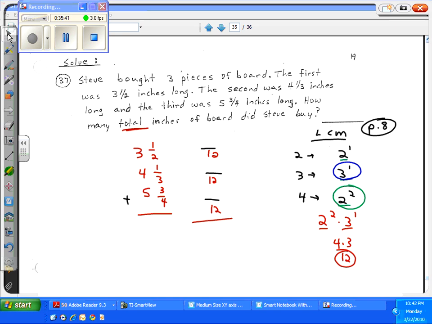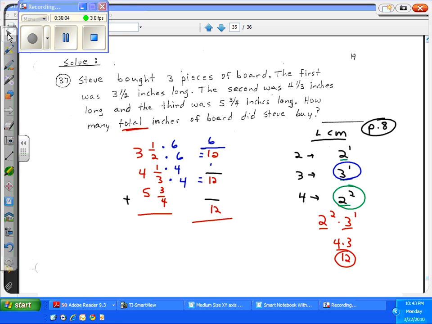And now it's time to make equivalent fractions. So we say 1 times what is 12? 2. So 1 times 2 is 2. Wrong. That was weird. I was thinking about something. Sorry. 2 times what is 12? 6. So 1 times 6 is 6. 3 times what is 12? 4.